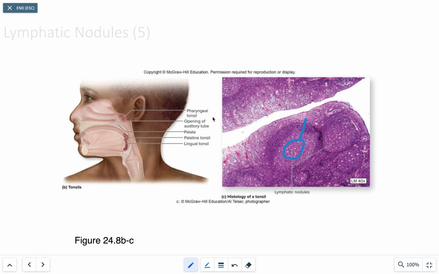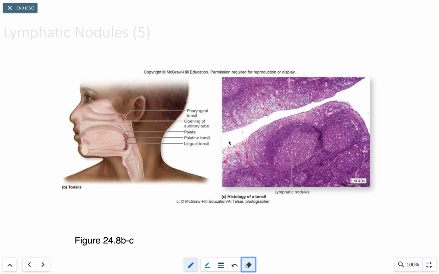We have a couple of different tonsils. The first one would be the pharyngeal tonsil. These are also called adenoids. They're located in the posterior wall of the nasopharynx, which is kind of the division between the nose and the pharyngeal aspect of the mouth.